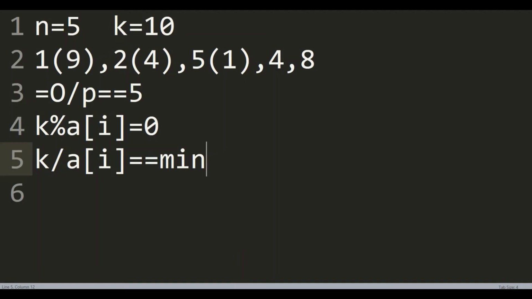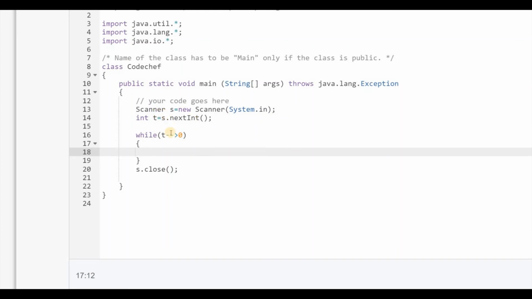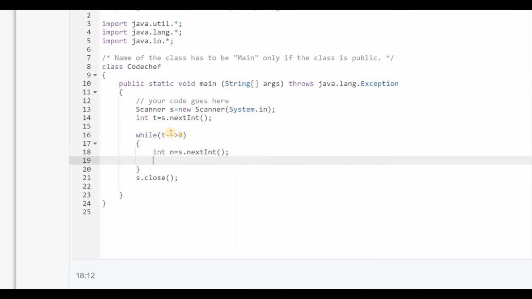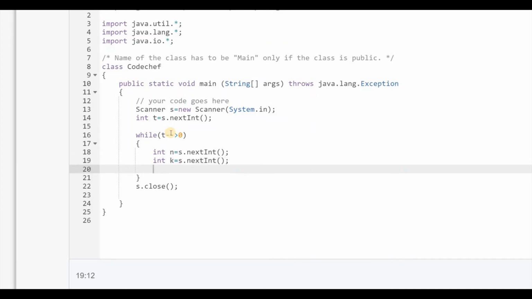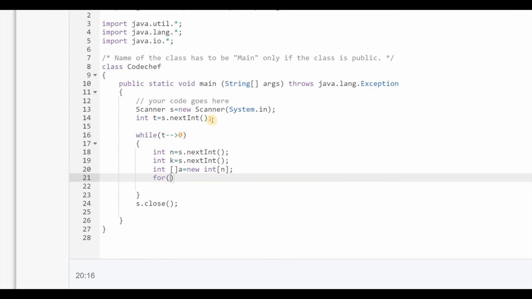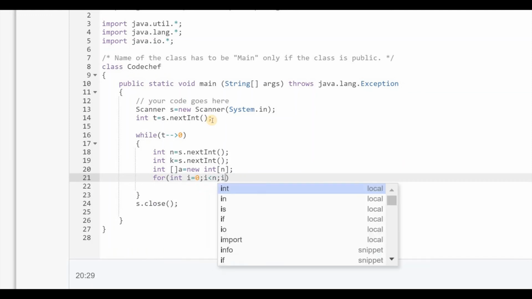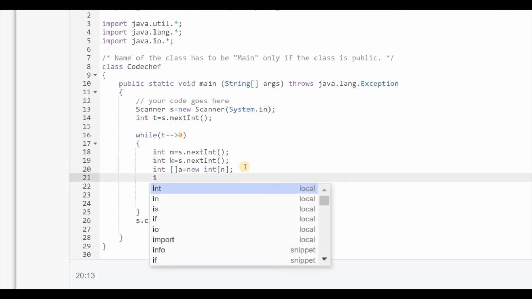So let us write the code for this. First I am scanning the number of test cases and then I am taking the number of persons, that is n, and let us take the square of chef's pawn as k. I am taking an array to store the squares of the persons' pawns, and let us scan that. And if k is not divisible by any of the person squares, then we need to output -1.